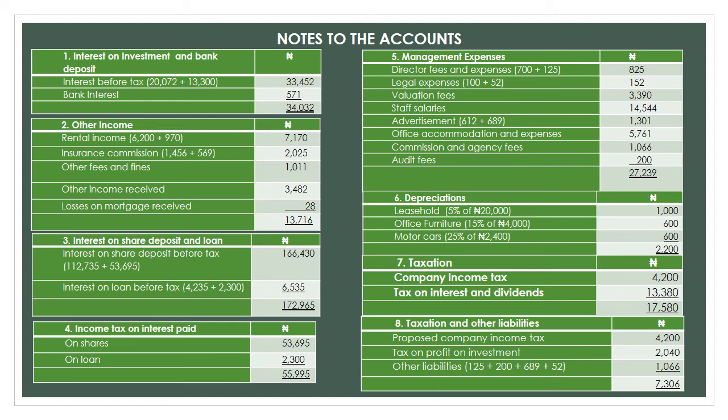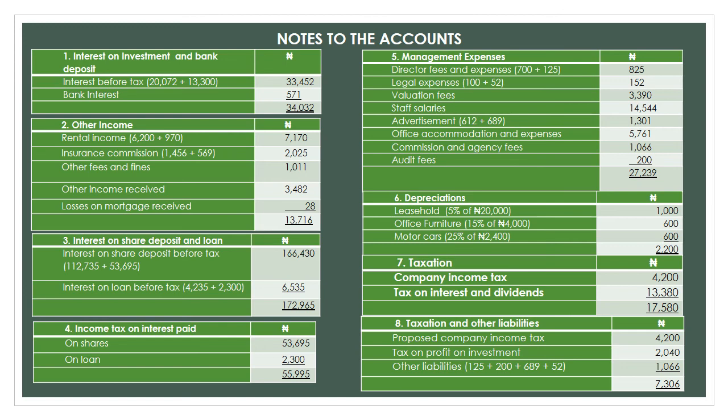You see 125 naira for director's fees not paid, 200 naira for audit fees not paid. Then you have 689 for advertisement and 52 for legal expenses.